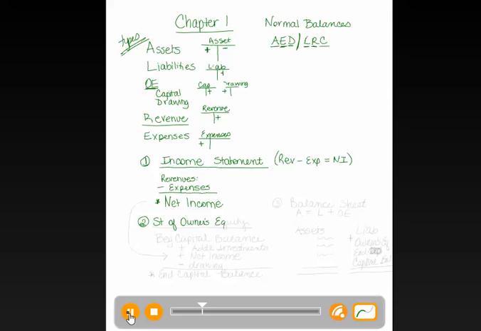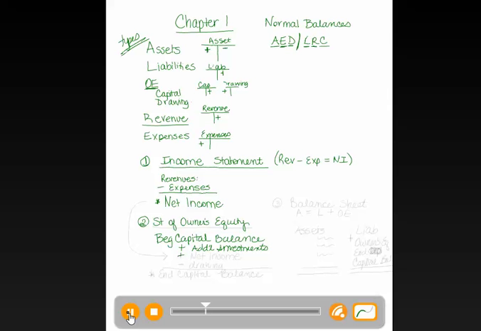And the Statement of Owner's Equity is going to help you find your ending capital balance. So you're going to start off with your beginning capital balance. And if it's a sole proprietorship, you just have one owner, so you only have one capital account. And then you'll add any additional cash or any additional investments that the owner has put in.